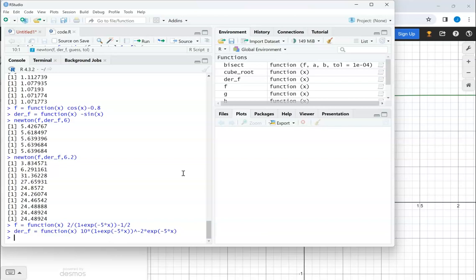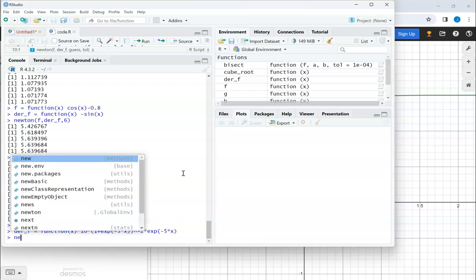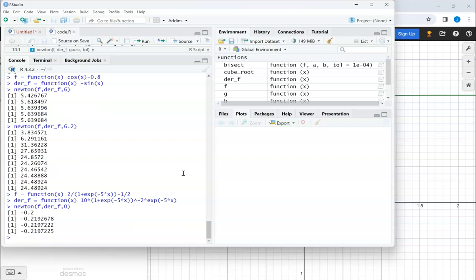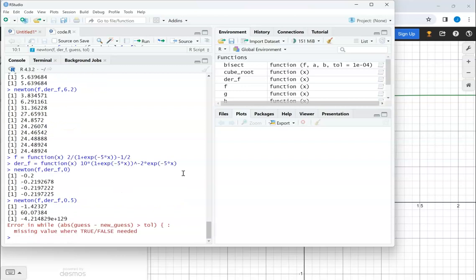So again, if we run Newton's method here, let's say we start with a guess of 0, converged really fast, right? Start with a guess of 0.5, not so fast. Matter of fact, what happened?